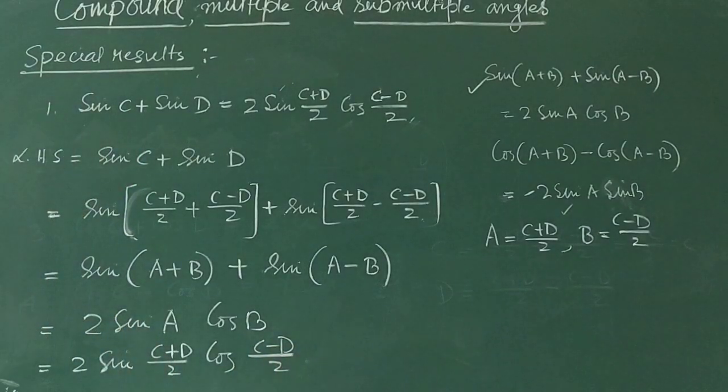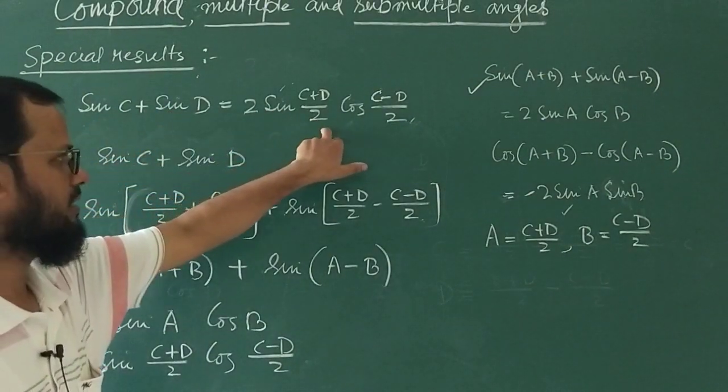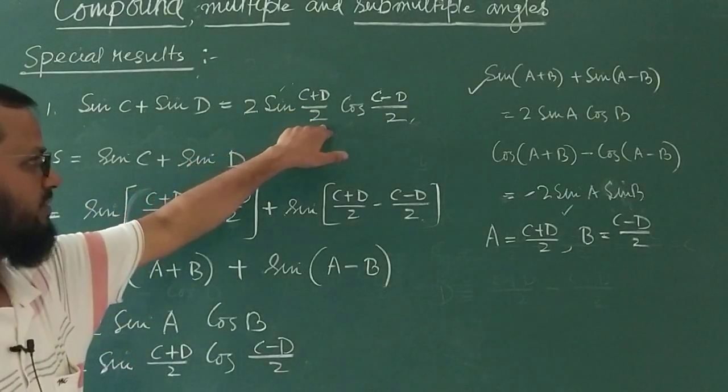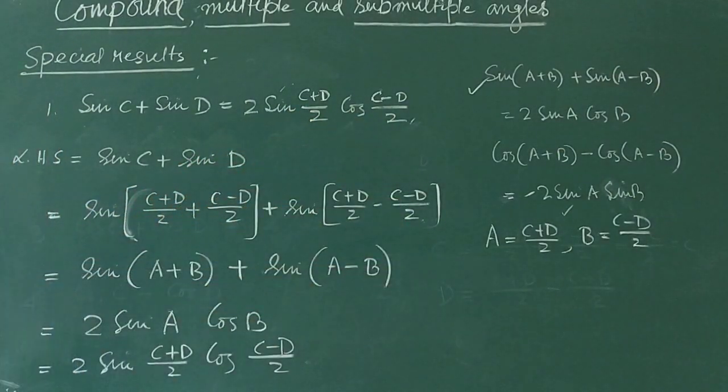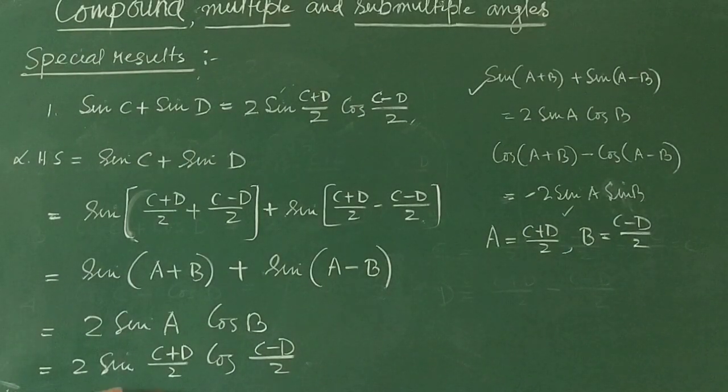I hope you understand. So finally what we get? Left hand side is sin C plus sin D, and right hand side is 2 sin((C+D)/2) into cos((C−D)/2), which is exactly this result. So in this way you can prove it by using this particular result.